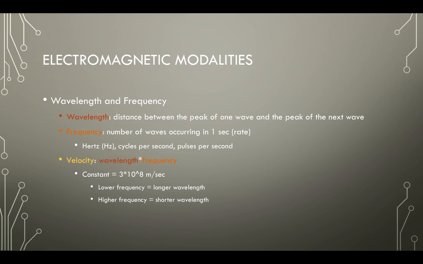If velocity is always held constant, then as wavelength increases, frequency is going to have to decrease, or vice versa. When wavelength decreases, frequency is going to have to increase. As we start talking about designing the waves, we're going to focus on frequency, but know that by altering frequency, we alter wavelength because of the constant velocity.